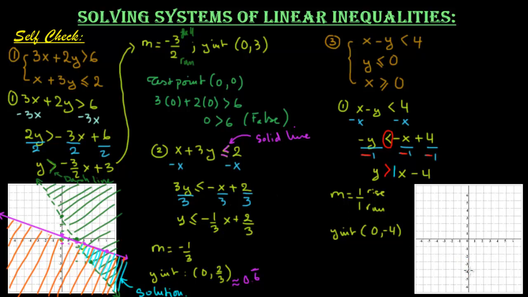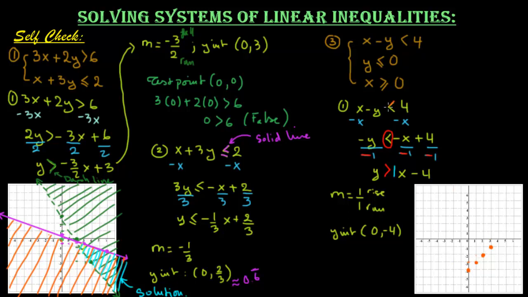(0, negative 4) was down here. Go up 1, rise 1, and run over 1. So go up 1 over 1, make a point here, up 1 over 1, up 1 over 1. Then we connect them by either a dashed line or a solid line.